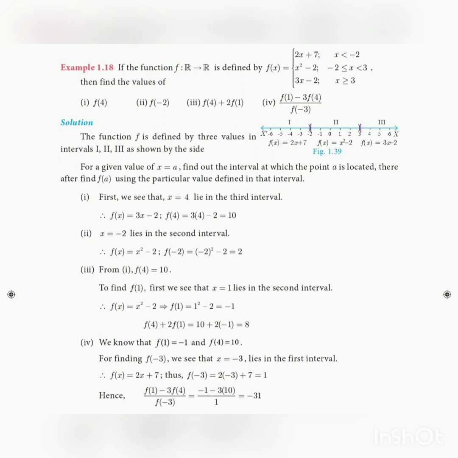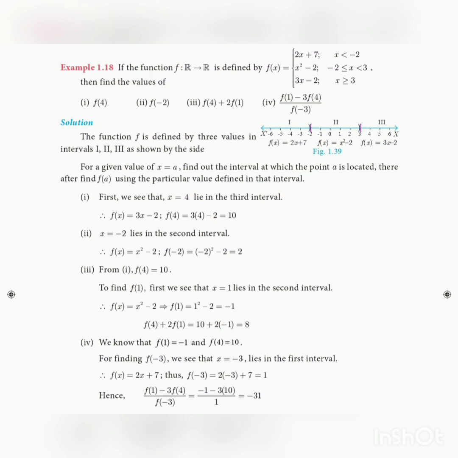The third part is f of 4 plus 2 f of 1. f of 4 is already obtained from subdivision 1. Using that, we find the total value. f of 1, where 1 is lying in the middle portion, is obtained using the function value x square minus 2, which is minus 1.